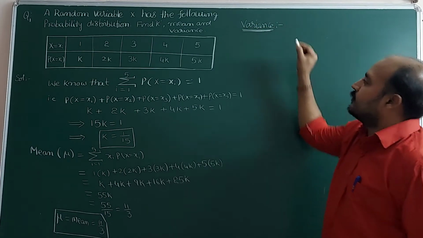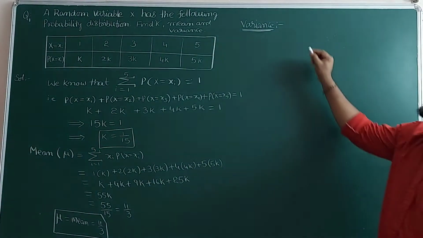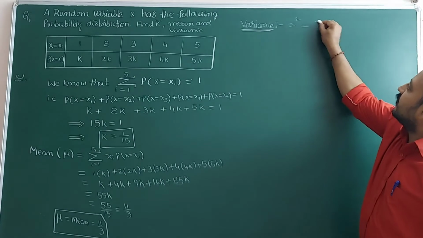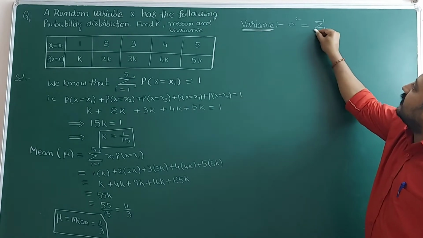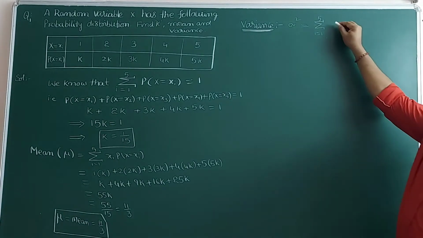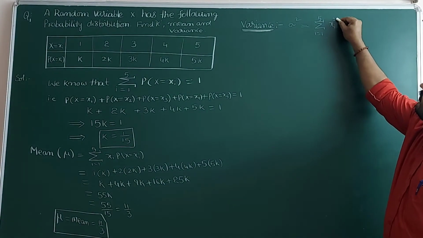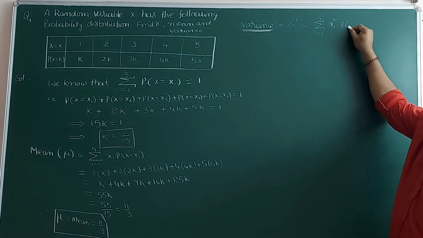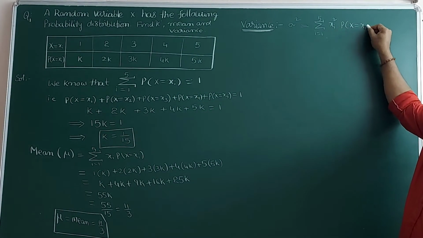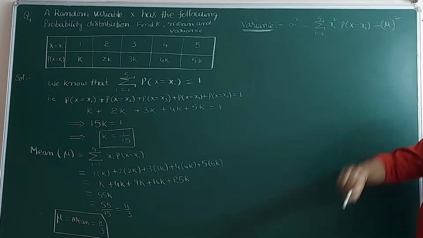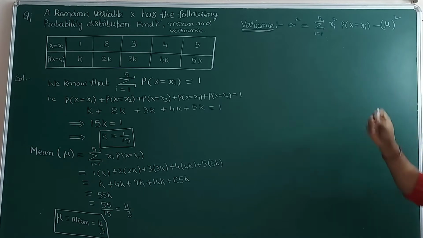Variance is denoted by sigma square, which is equal to sigma i is equal to 1 to 5 xi square into P of x is equal to xi minus mu square. This is the formula for variance of the random variable.